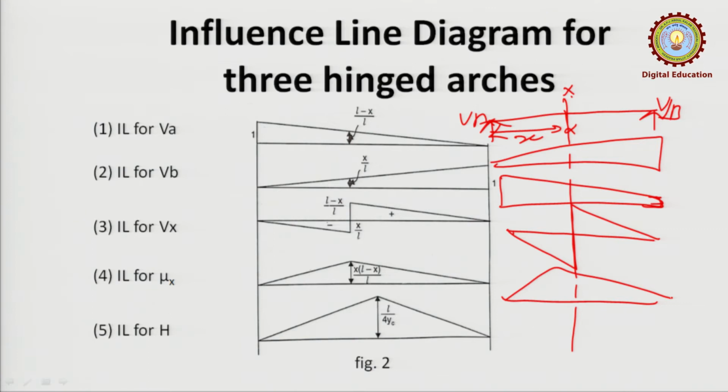Okay, the same diagram you can see here, what we drew in the simply supported beam. So you can conclude that if you have a determinate beam, this is also a determinate beam, and the 3-hinge parabolic arch is also a determinate beam.